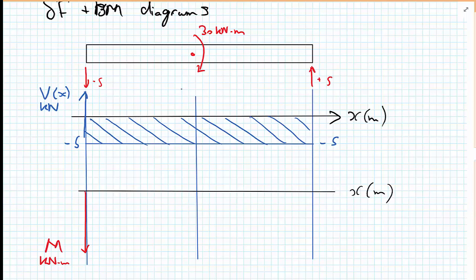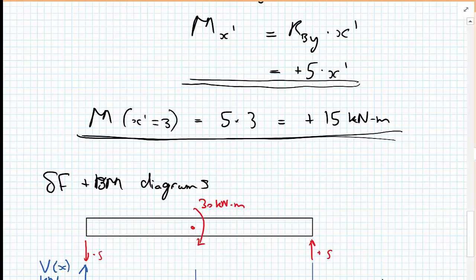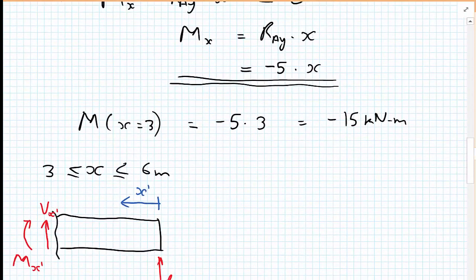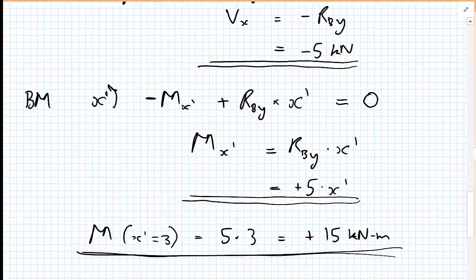Now we're going to go on to draw the bending moment, and if we look for our left hand side, our bending moment function was a negative slope in x and reaching a maximum value of -15 at the center.